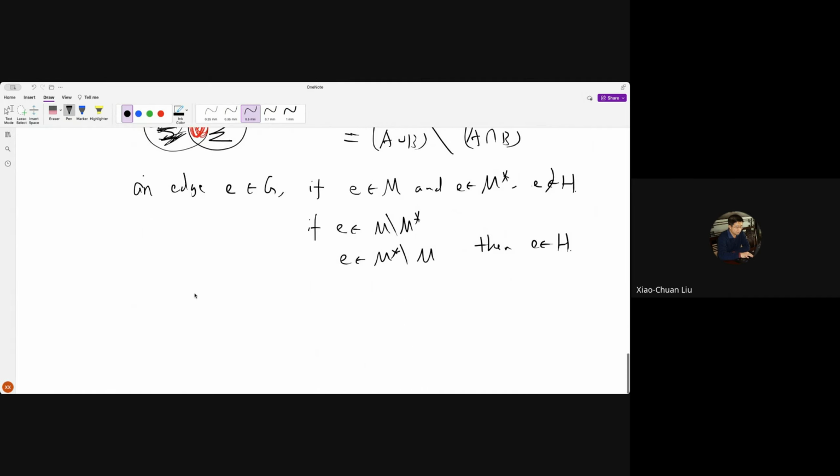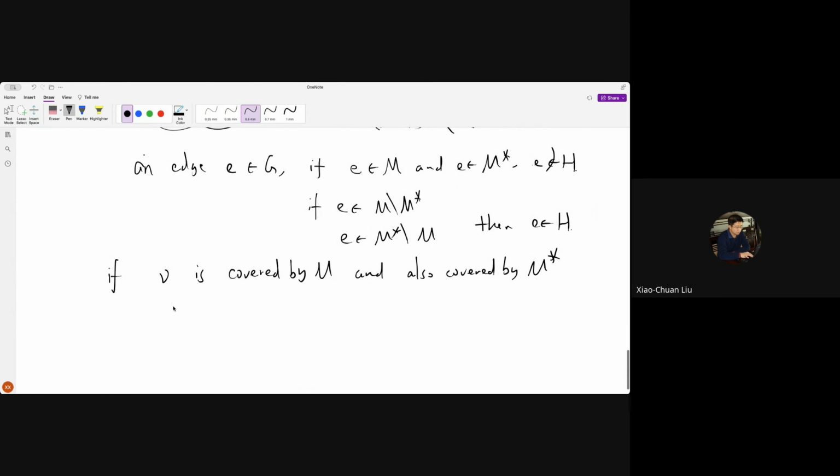Okay, so in this case, for example, any vertex V that is covered by M and also covered by M star, there are two cases.